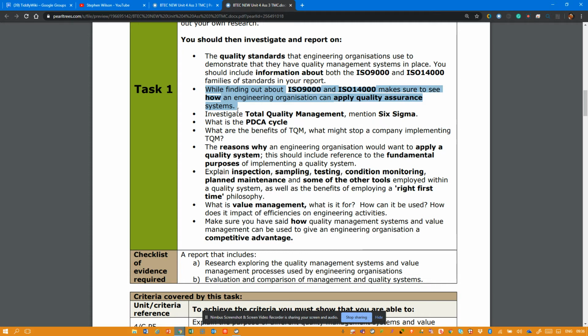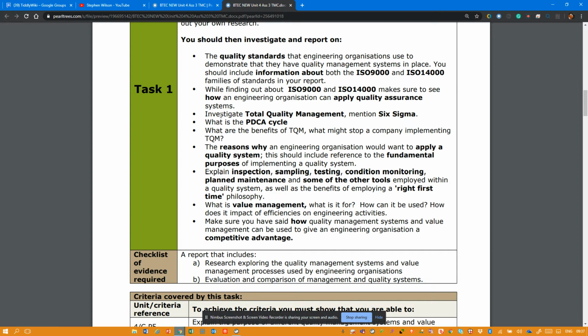All right. Okay. Next, investigate total quality management. Mention Six Sigma. So we're investigating total quality management. Total quality management then is one step beyond or one step above ISO 9000. ISO 9000 is not a total quality management system because it only focuses on certain areas within a company.